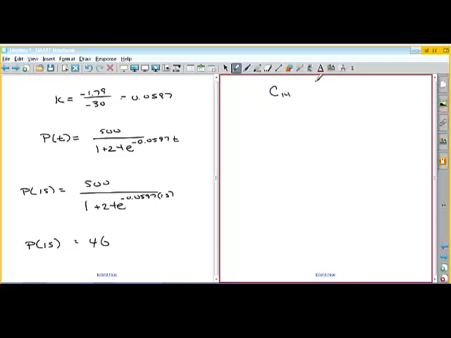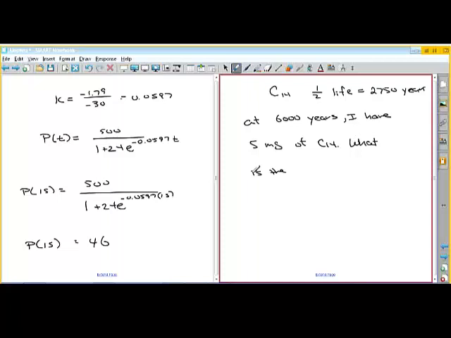Let's say I have a radioactive decay problem, or an exponential growth or decay problem, and the half-life is 2,750 years. And I'm given that at 6,000 years, I have 5 milligrams of carbon-14.